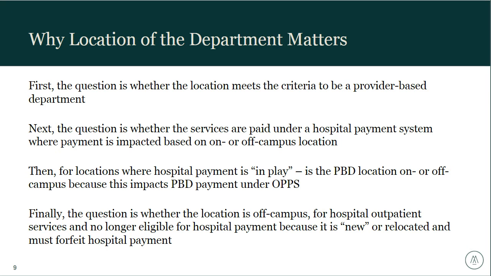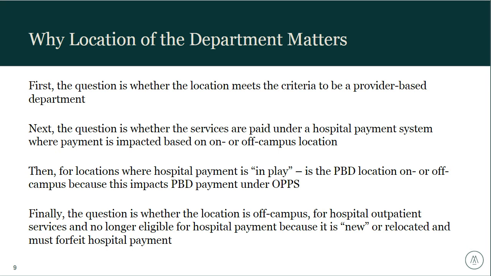And this is controversial right now. We'll speak to it. But if it's a new location and it has to be located off campus, and it's a PPS hospital, due to Section 603, and you'll learn more about that in a moment, then new locations are also in the statutory language considered to be non-excepted, which means they're no longer payable by Medicare as a hospital outpatient department.